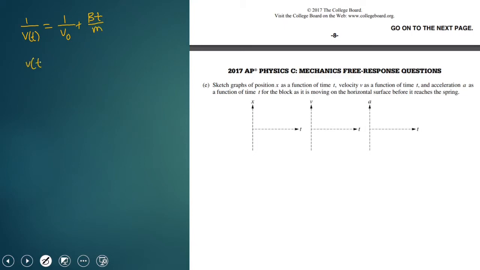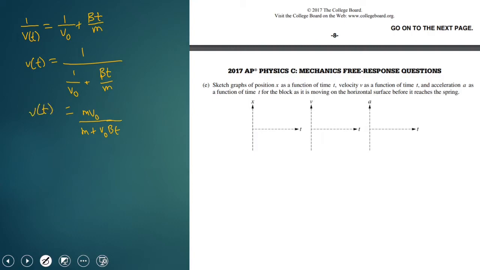So my v at t is equal to 1 over 1 over v naught plus bt over m, which is equal to m v naught over m plus v naught bt. And so we get this expression for v at t.